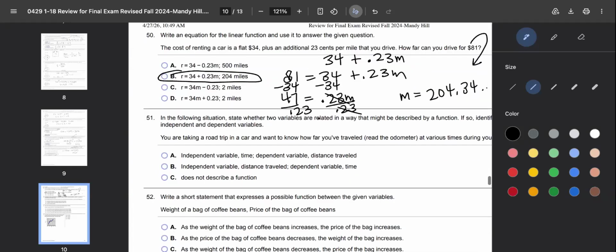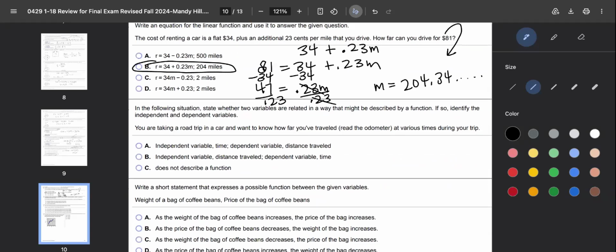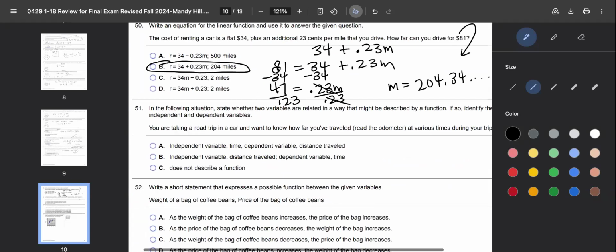Okay, 51. In the following situation, state whether two variables are related in a way that might be described by a function. If so, identify the independent and dependent variable. Okay, please remember that.